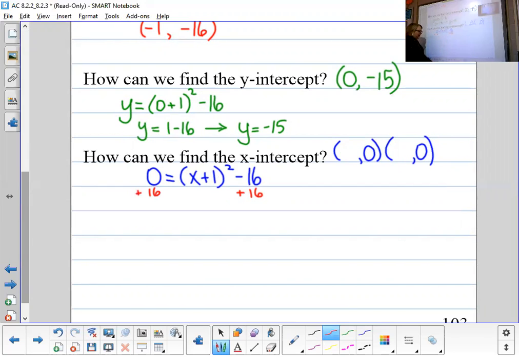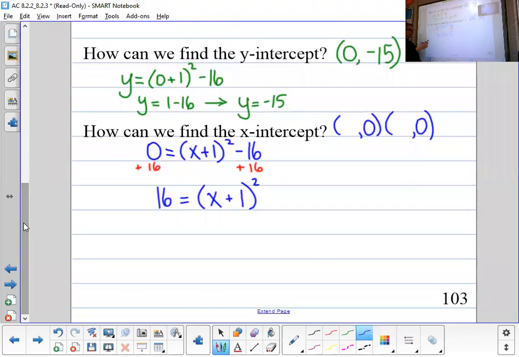That's going to give me 16 equals (x plus 1) squared. How do I undo squaring? I square root. So my next thing is going to be to square root both sides. When I square root 16, I actually get 2 possible answers, because I'm really saying what number times itself gives me 16.